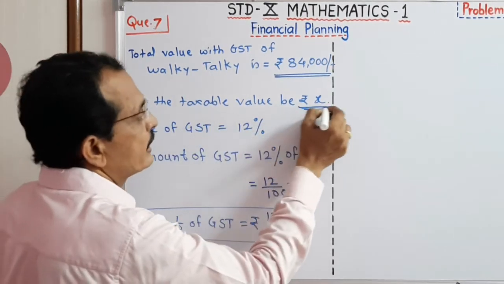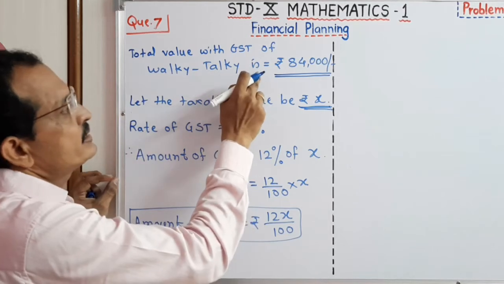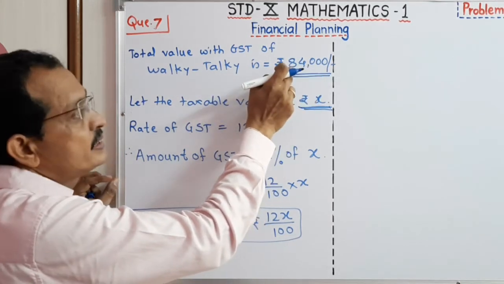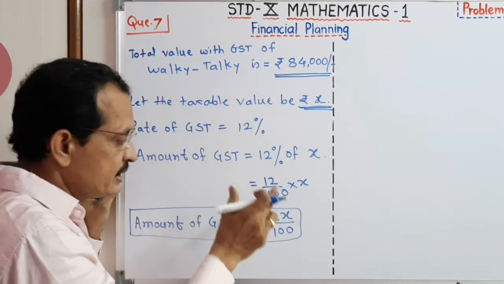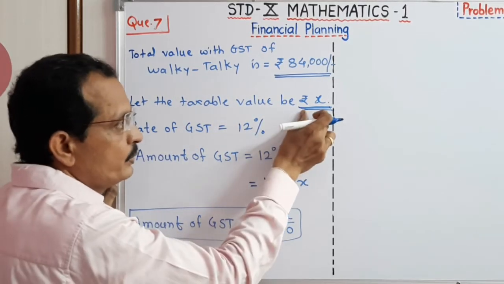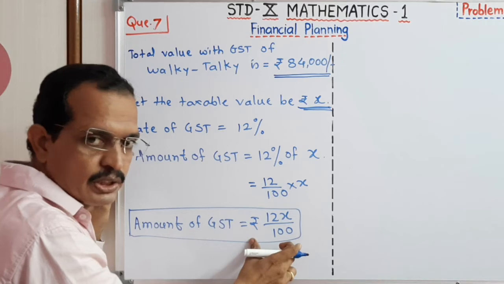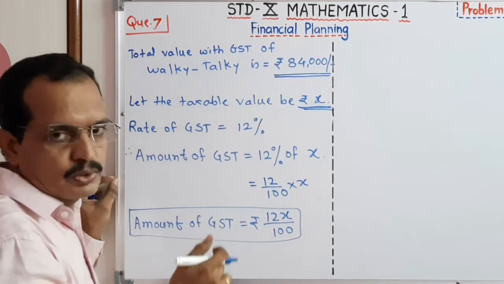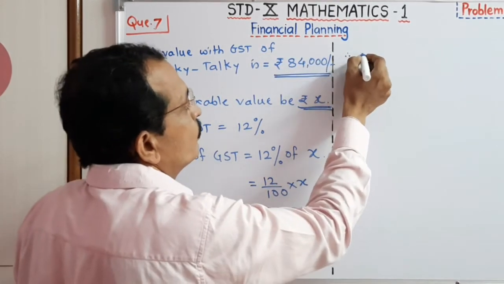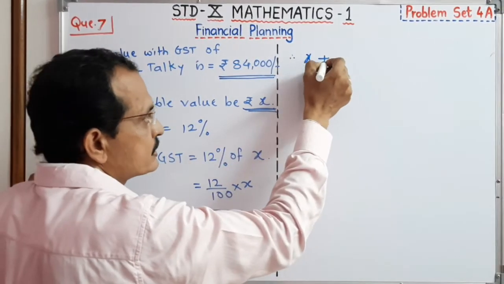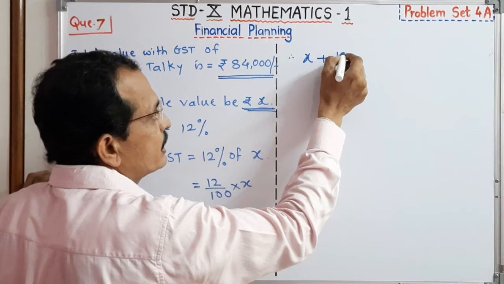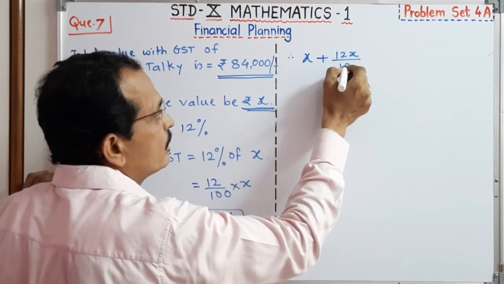Now see, this is the taxable value, and the total amount with GST is 84,000.